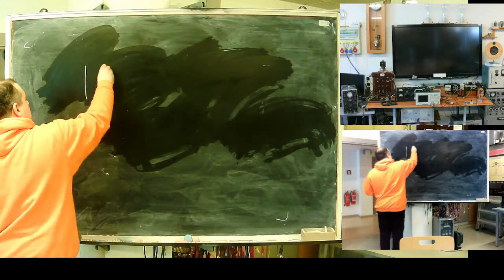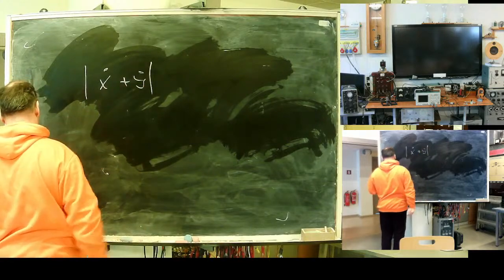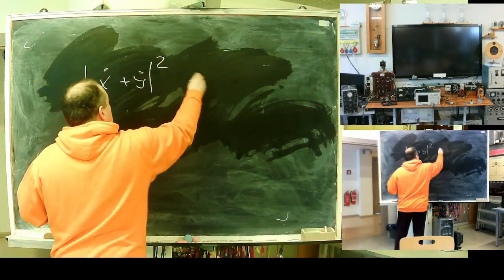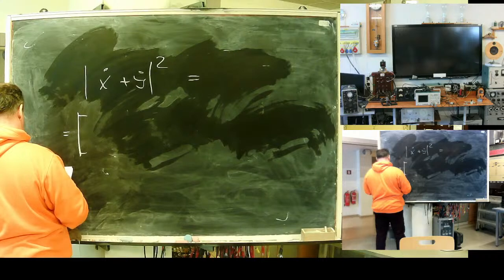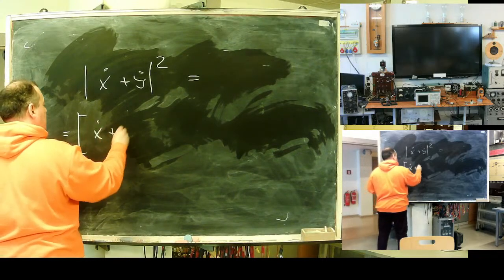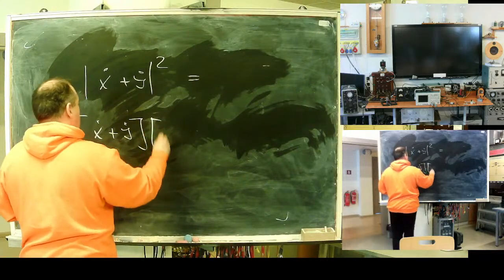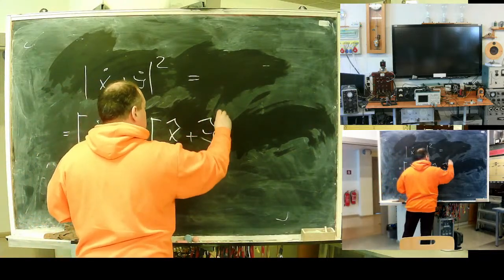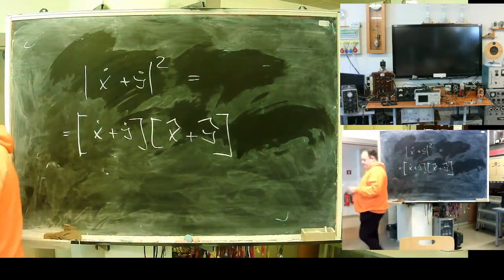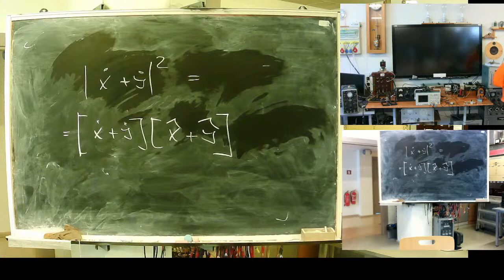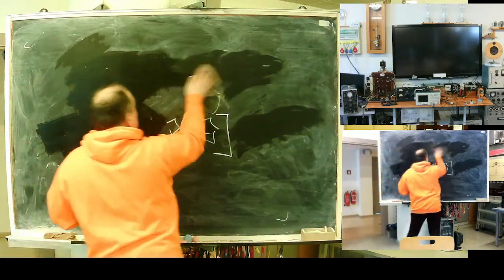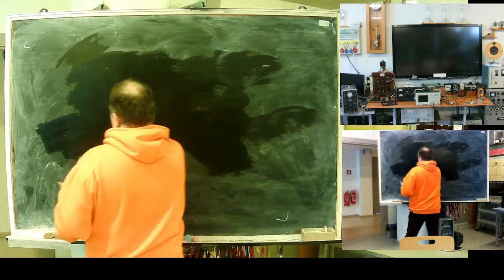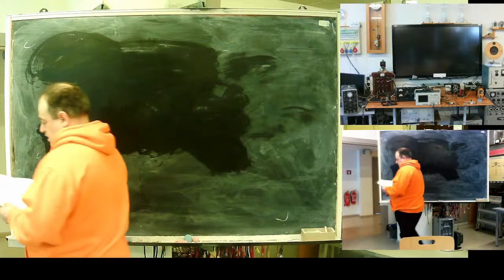If there is, let's say, x plus y, complex, squared, you can check it. You will have x plus y multiplied by x conjugated plus y conjugated. This knowledge allows me to open all brackets and get, what will I get?